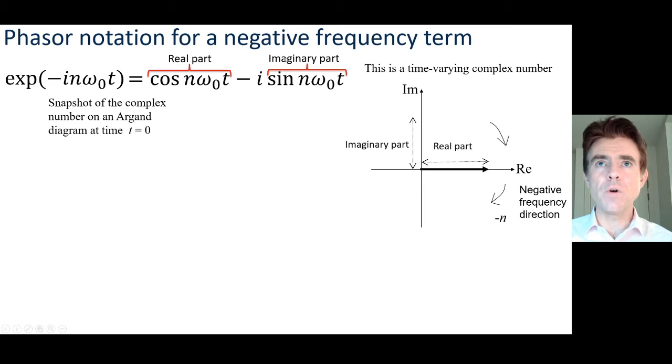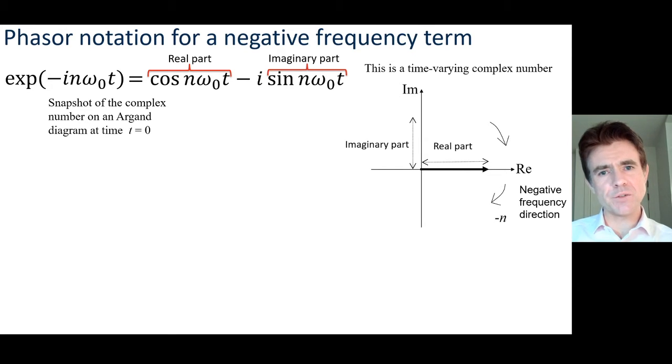But now, this imaginary part is minus sine n omega naught t. So that means we're not going to go upwards with time, we're going to go downwards with time. So that means this negative frequency term corresponds to a clockwise circular movement.